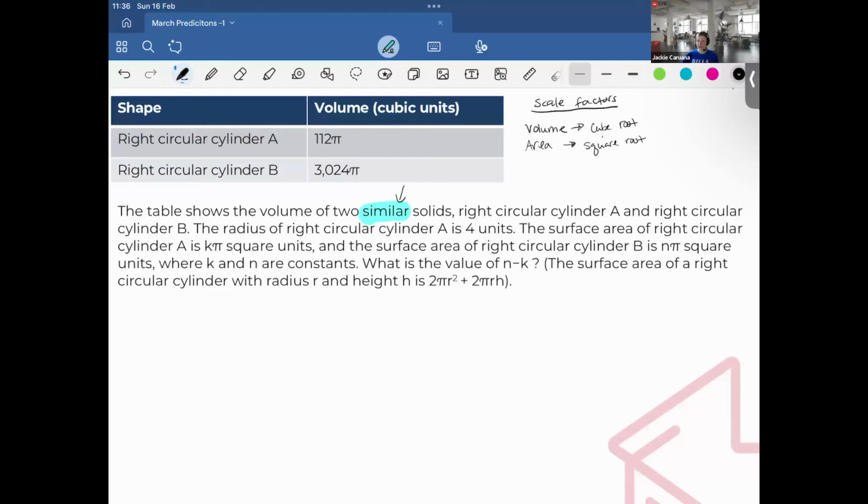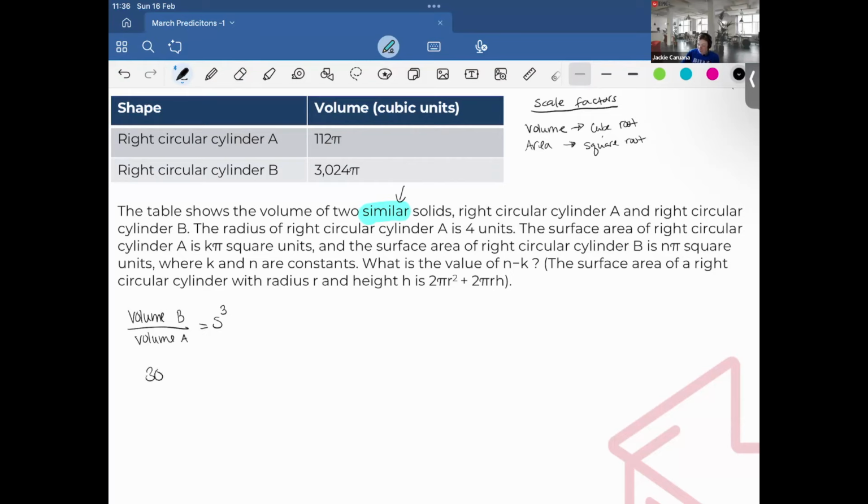So here, since they're similar, what I could do is do the volume of B over the volume of right circular cylinder A, and set that equal to scale factor cubed so I can determine what the scale factor is.